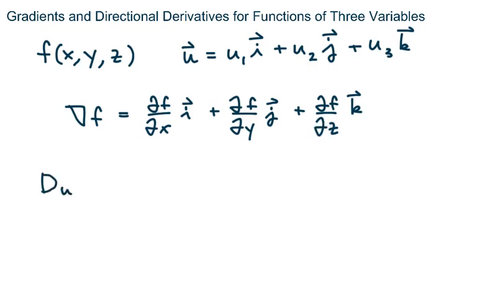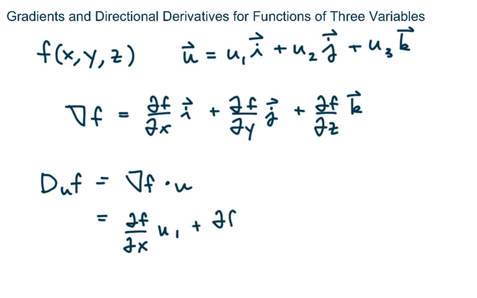Similarly, for the directional derivative, if we know the gradient, the derivative in the direction of u for f is the gradient of f dotted with u, which gives me the partial of f with respect to x times u sub 1, plus the partial of f with respect to y times u sub 2, plus the partial of f with respect to z times u sub 3.